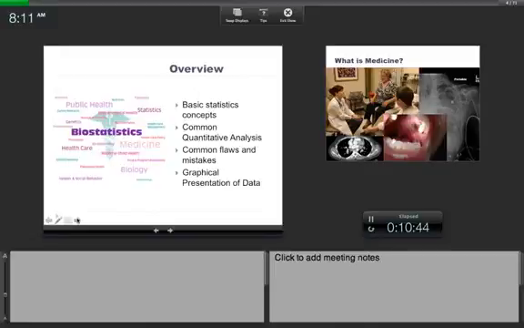So as an overview, this is not in any particular order. This is what I'm going to try to accomplish today: to talk about some basic statistics concepts, some common analysis methods, and some common flaws and mistakes that you would even find in the published literature.